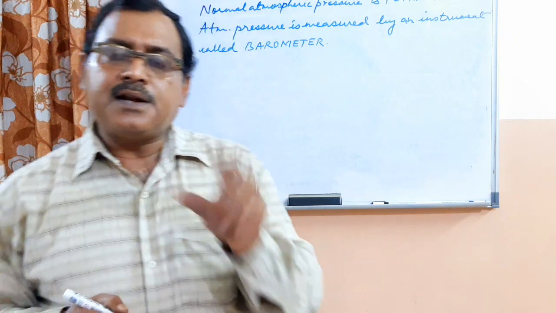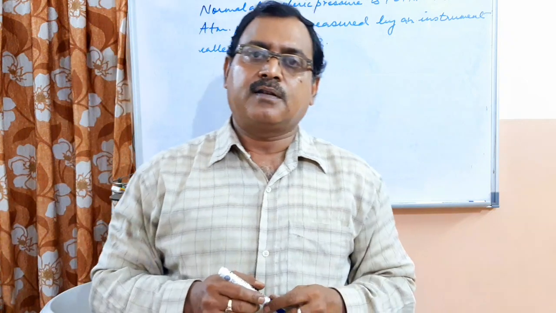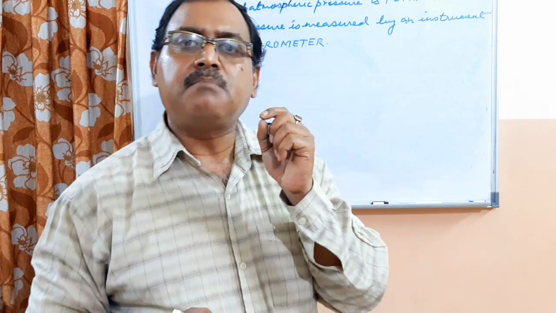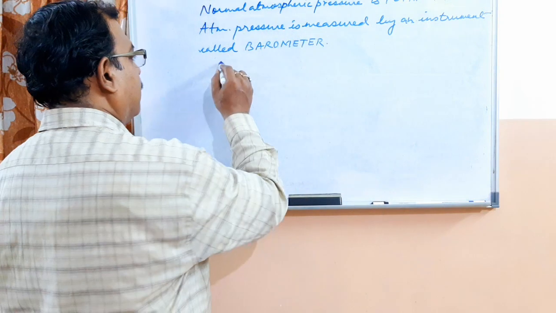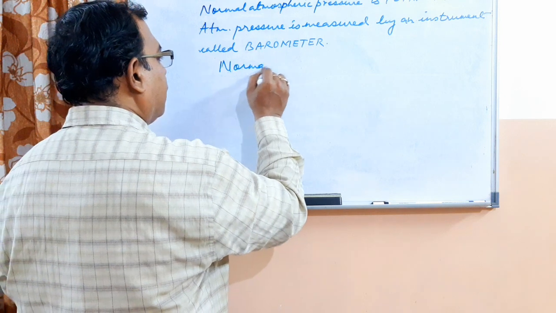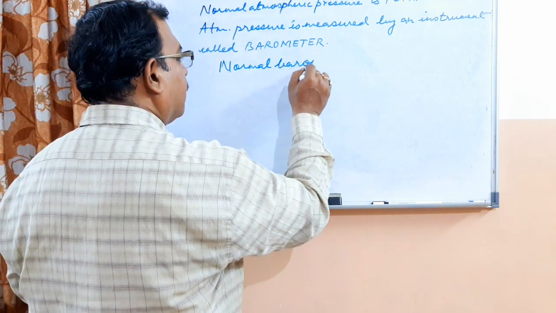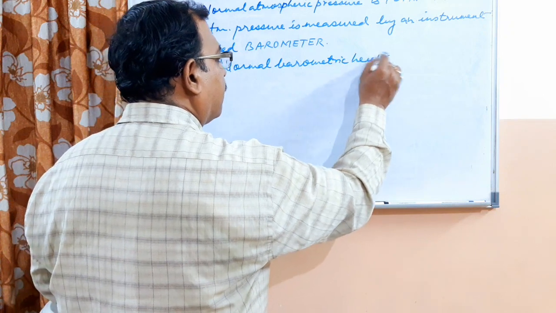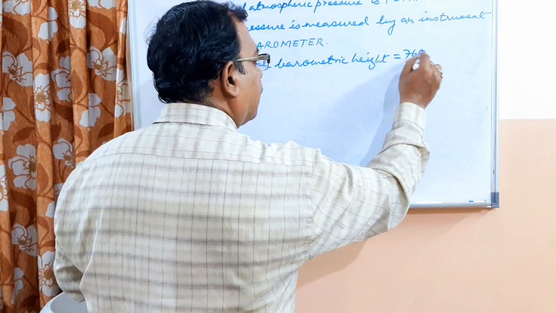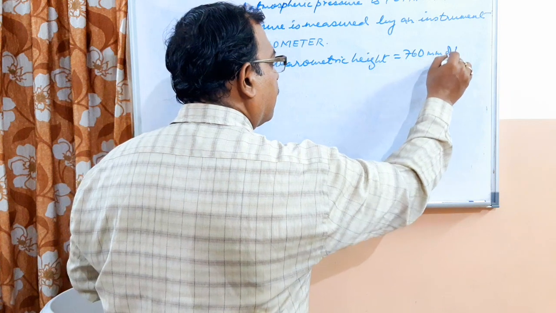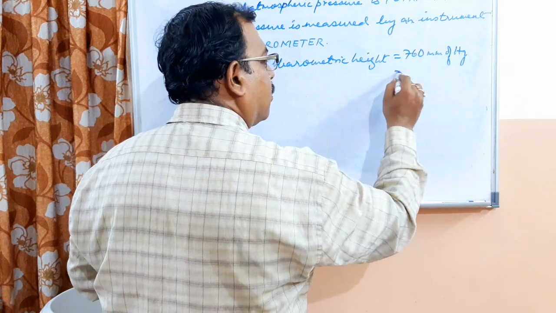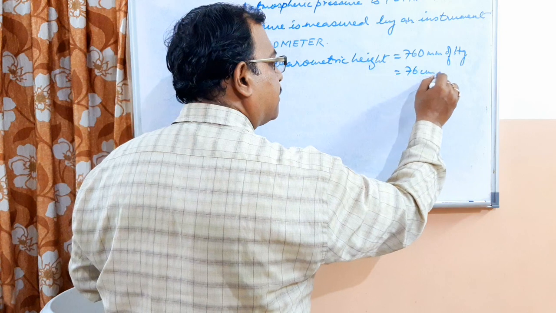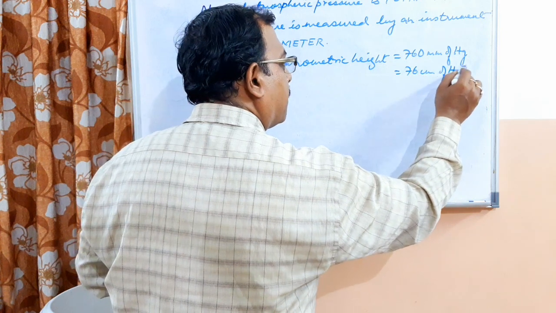Under the normal conditions of temperature and pressure, the normal barometric height is 760 millimeter of mercury column, or you can say 76 centimeter of mercury.